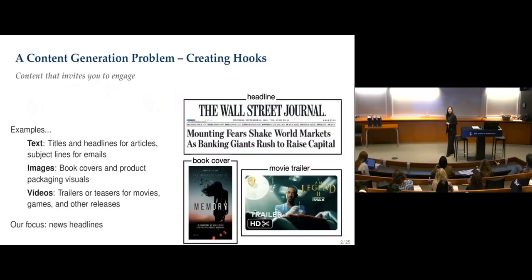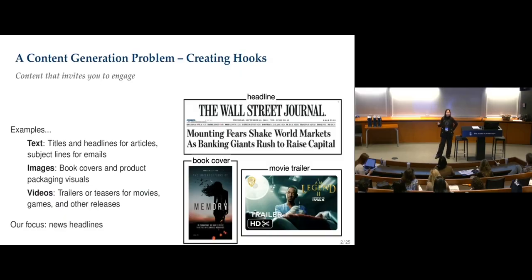Okay, let's start with the problem. The particular type of problem I'm going to talk about is called creating hooks, which means the piece of content that merchants use to increase engagement, to attract further actions from the users. For example, you can think of titles and headlines for articles to attract people to click, or subject lines for emails to attract people to click the emails.